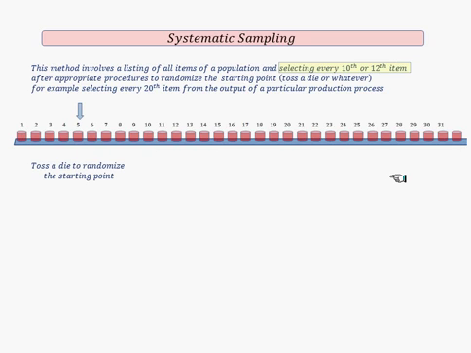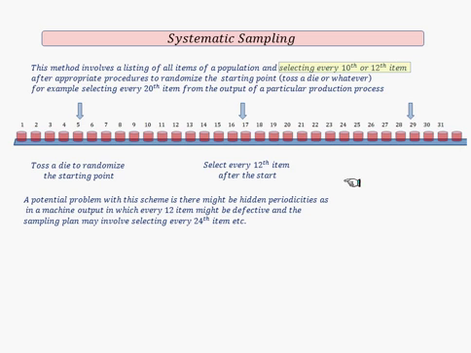We randomize the starting point, usually with a die, starting at 5, and we go every 12th item, and we do this n times to constitute our sample size n. The problem here is that if there are certain wheels involved, and there's a defect on one of these wheels, there will be systematically an error turning up in a periodic fashion.